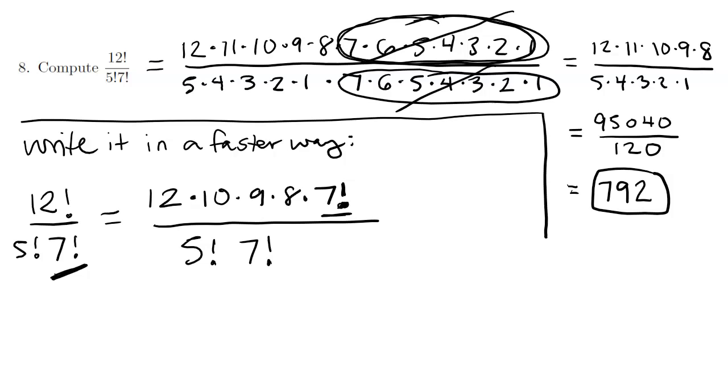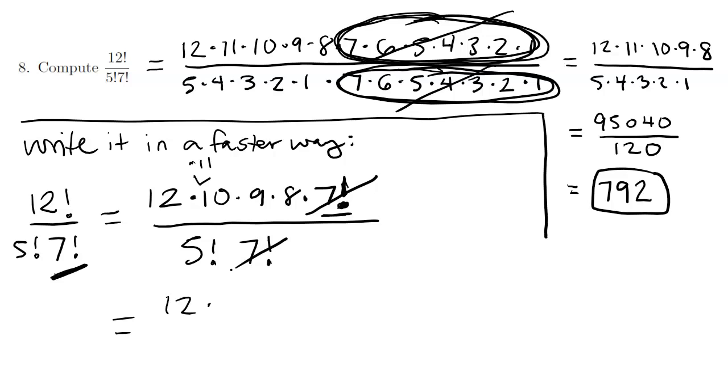In theory, we could have canceled the 5 factorial, but then I would have had even more numbers to continue writing down. And exactly what happened here is what we canceled on the top and the bottom, looking up above, really was 7 factorial. We canceled out 7 factorial with 7 factorial. Now I do write that exclamation point here because it's different than just having a 7, because 7 factorial is that whole string of multiplications. That's what we're canceling, all of it. So then what we're left with is the 12 times, oops, I forgot my 11, excuse me.